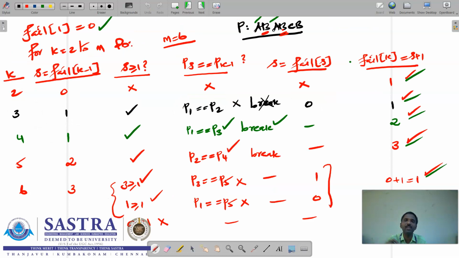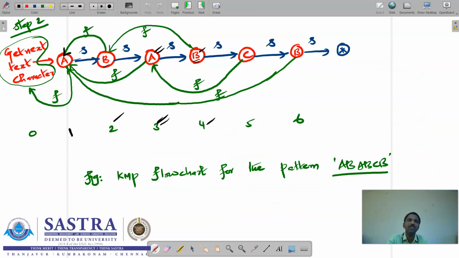Then the second step, we need to trace the algorithm to find the corresponding failure links for the range of k from 2 to m. After this construction, in step number 2, we need to fill the failure links in the diagrammatic representation. So updating step 1 here, update the failure links in step 1, we will get the equivalent of the flowchart construction.